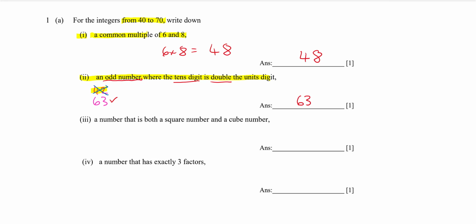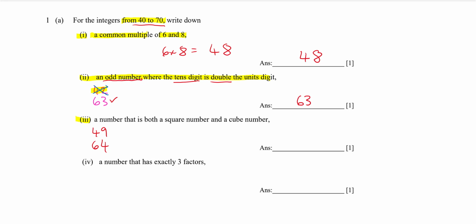Okay, for part 3, we need a number that is both a square number and a cube number, and it has to be between 40 and 70. So if we write out some square numbers, 7 times 7 is 49, and 8 times 8 is 64, and no other square numbers are going to be between 40 and 70.